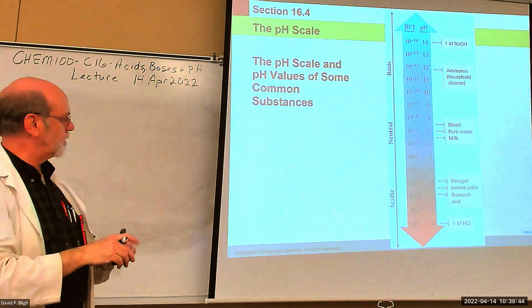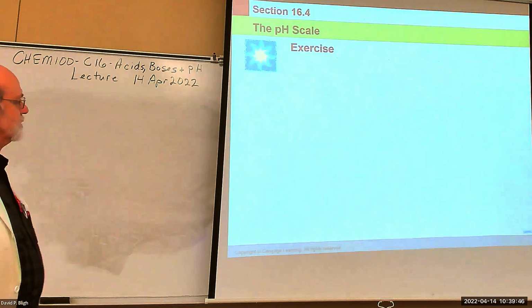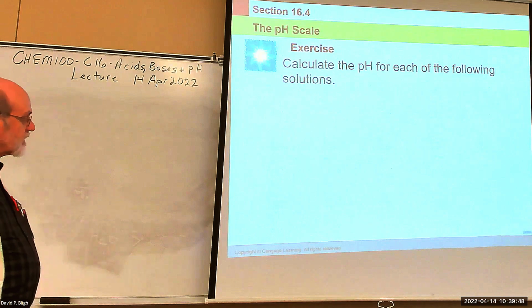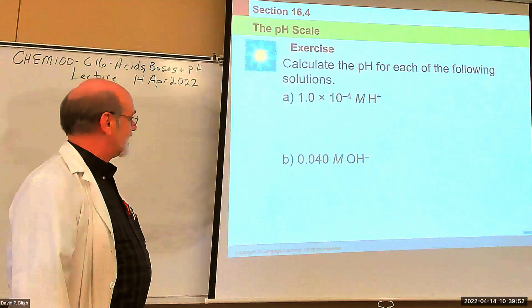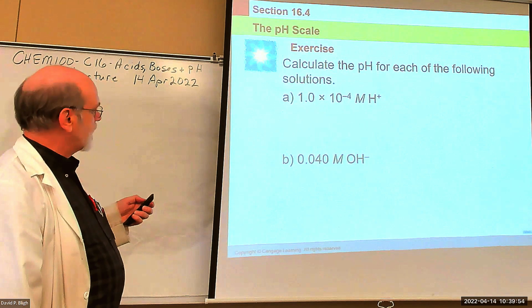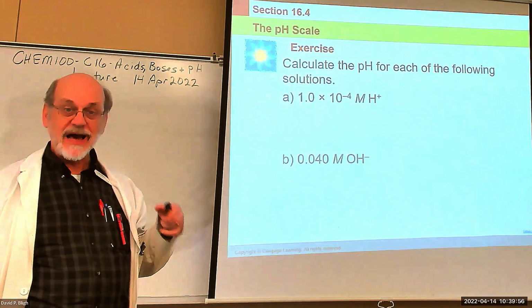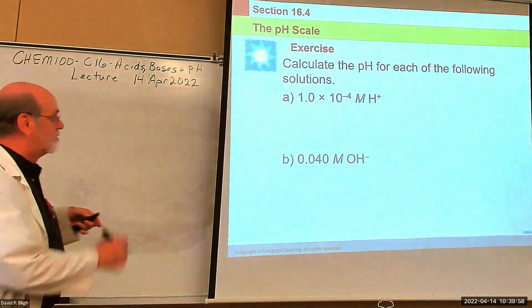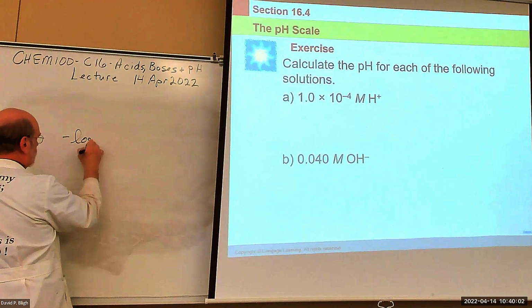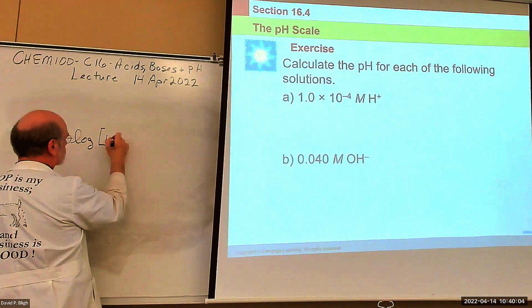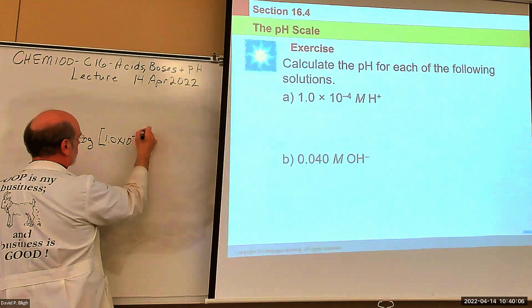So, I got 20 minutes. I think we can make it. Calculate the pH of each of the following. Okay. So we have a solution that's 1 times 10 to the -4 hydrogen ions. So negative log of what? 1 times 10 to the -4.